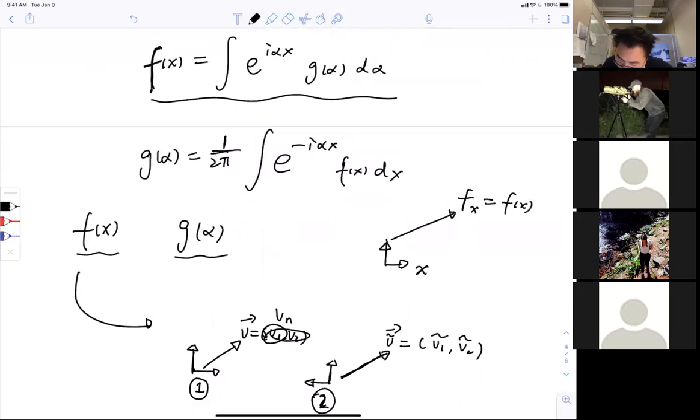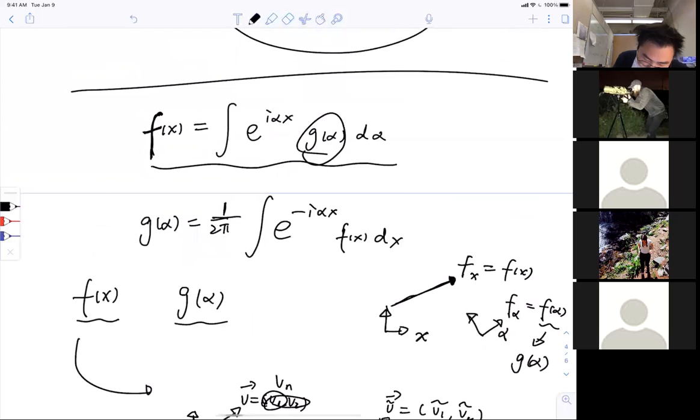Of course, you can write your F vector in different coordinates, which is alpha, and it becomes F of alpha. Sometimes people also, here we denote it as G of alpha. So what I'm trying to say here is that F of x and G of alpha are the same thing viewed in different coordinates. So this Fourier transformation is nothing but a rotation, in a more abstract way.